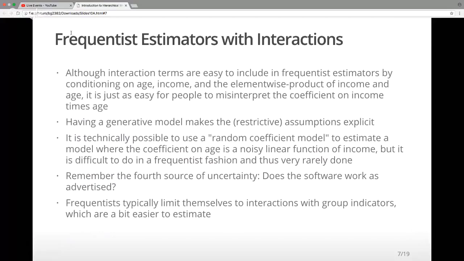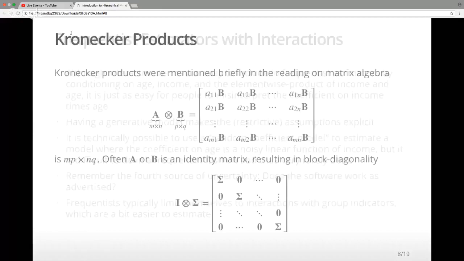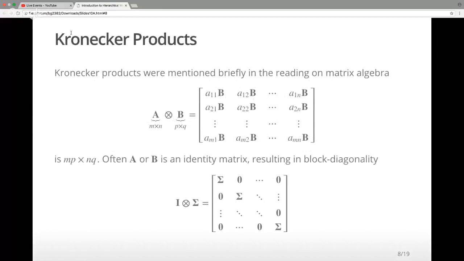If you just have these group-level indicators, what race are you, what state do you live in, interactions with dummy variables, then it's easier for frequentist software to find the mode of the likelihood. And that's what you typically see people doing when they use frequentist software to estimate models like this, with group-level structure and group-level interactions to it.